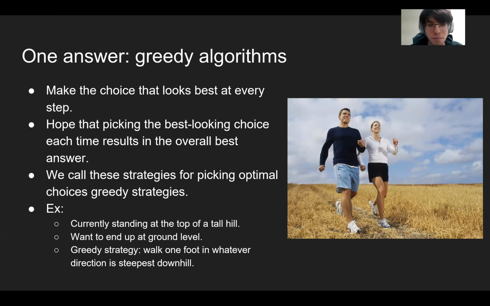So, an example in real life: you're currently standing at the top of a hill, and you want to end up at the ground level. The greedy strategy is to walk 1 foot in whatever direction is the steepest downhill. It's possible that there are problems where this wouldn't give you the best solution.